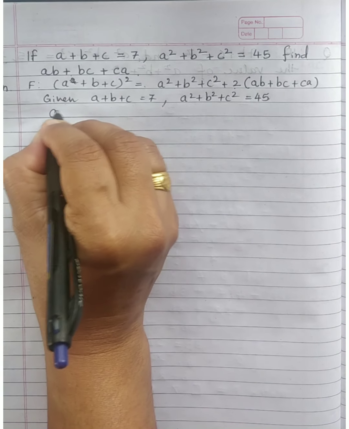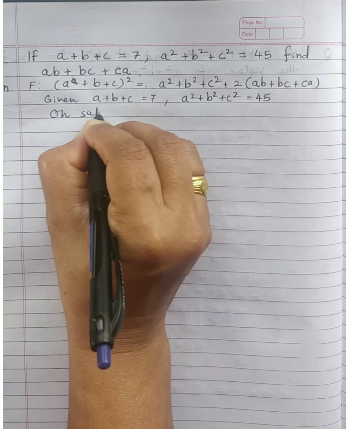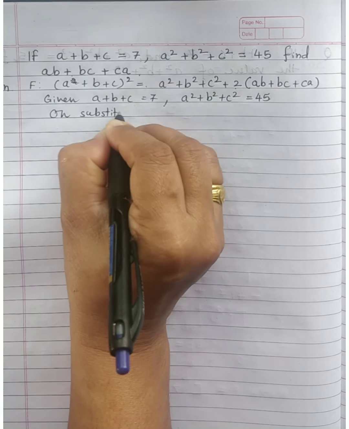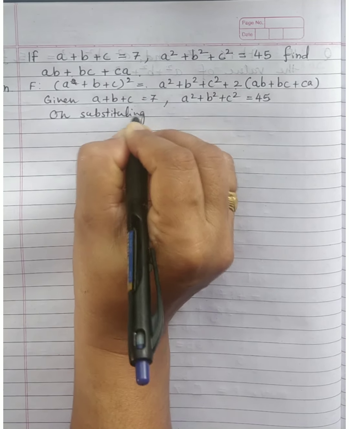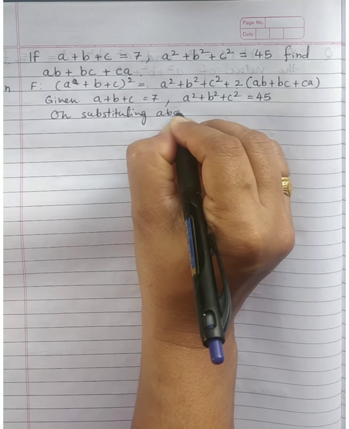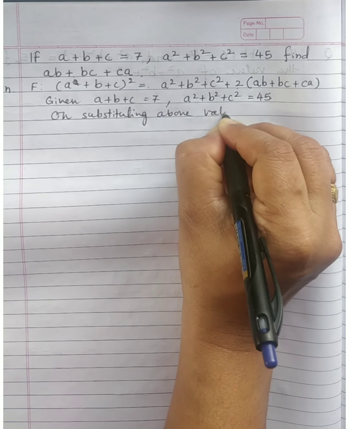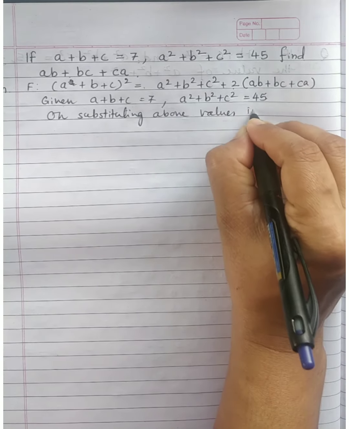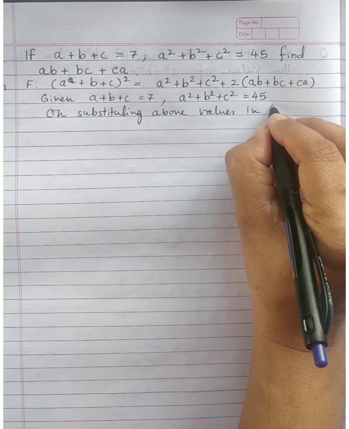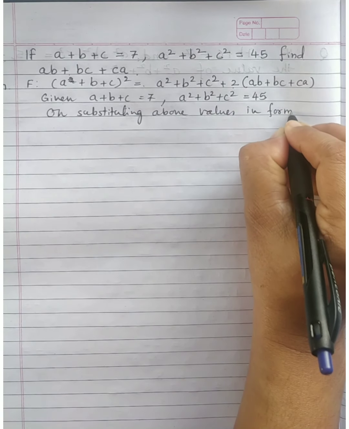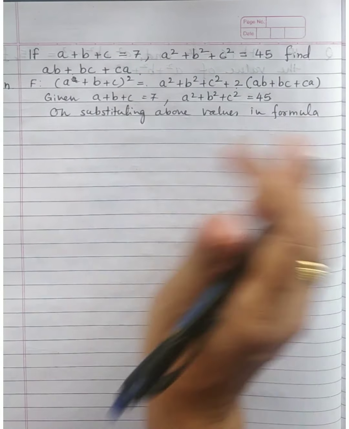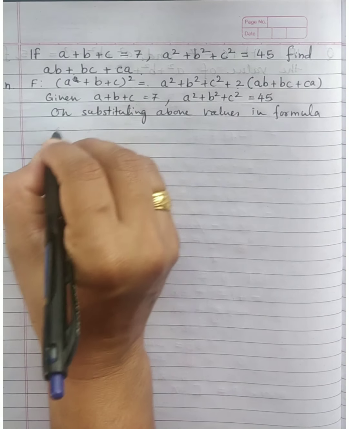So what are we doing? Substituting. On substituting the above values in the formula, directly we can substitute because there are no other terms over there. What do we get?